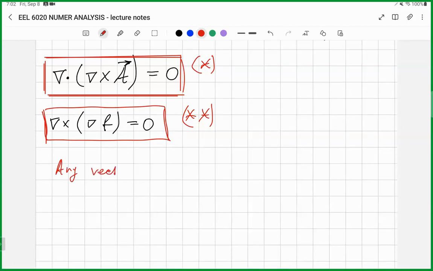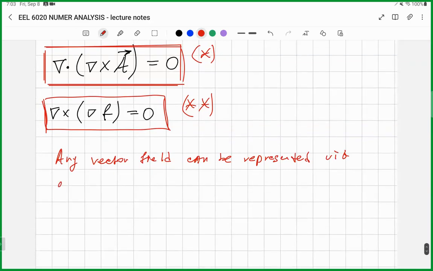So basically, let's write this down: any vector field can be represented via gradient of scalar field and curl of another vector field.